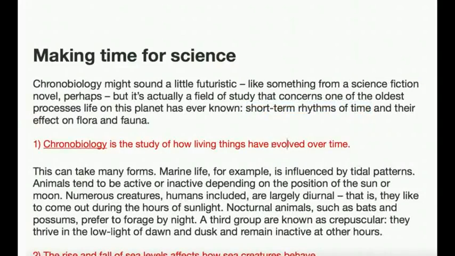Here we have evolved over time. Now to me those don't mean the same things, because evolved over time is suggesting long-term changes. However, this is discussing short-term rhythms. So it looks like this one is probably false. So we'll write the answer for this one as false.